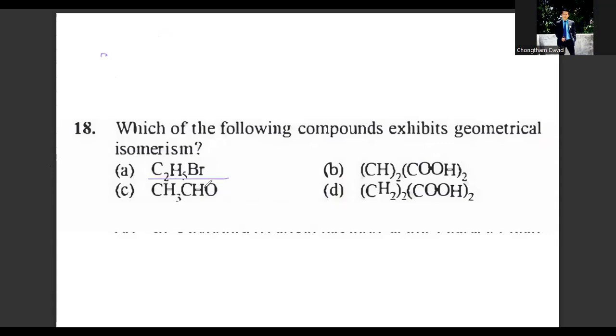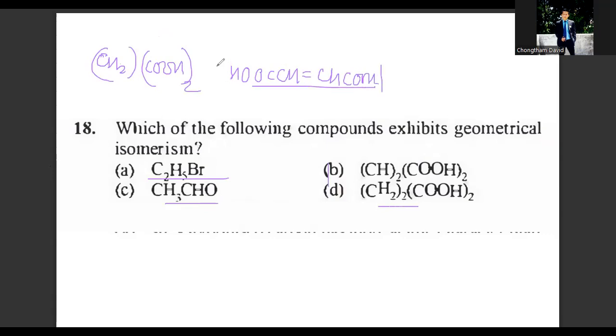A will not give geometrical isomerism, nor C. Let us see B and D. If I rewrite the structure of this acid, it will now be in this form, double bond CH COOH. So this can have geometrical isomerism, cis and trans. Whereas in the remaining three, there is no possibility of writing the geometrical isomerism, cis and trans.